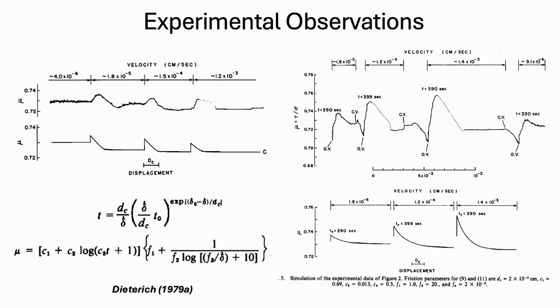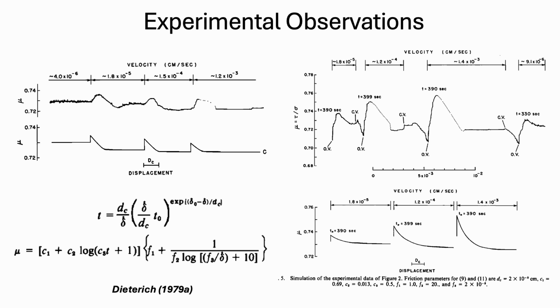So the experimental observations of his experiments are given over here. The first set of experiments was basically velocity stepping experiments, as shown in the top left. So you see that friction is kind of steady, and then when you jump the slip rate or the velocity, suddenly the friction jumps, then gradually drops down and then stabilizes, and then he changes the velocity again and the friction jumps again and stabilizes.